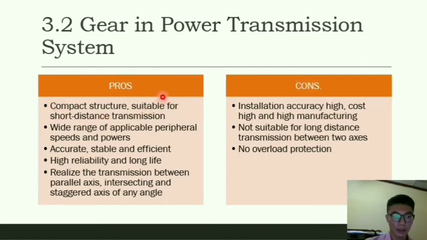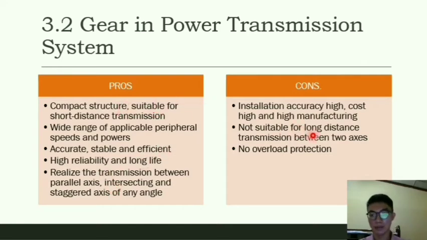The advantages of gear transmission are a compact structure suitable for short-distance transmission, a wide range of applicable peripheral speeds and powers, accuracy, stability, and efficiency. It also has a long life and high reliability, and it can transmit between parallel, intersecting, and staggered axes of any angle.